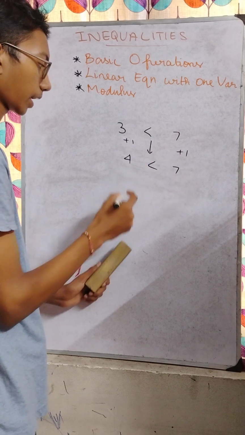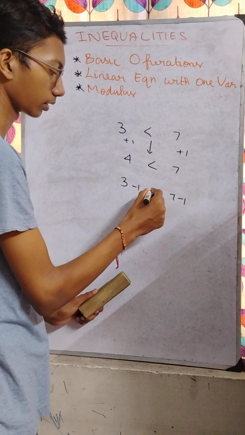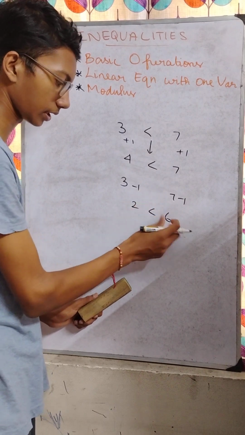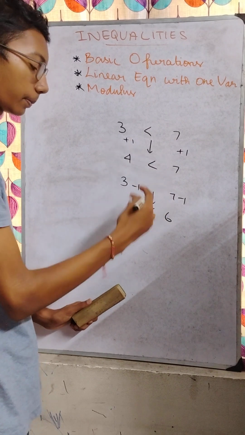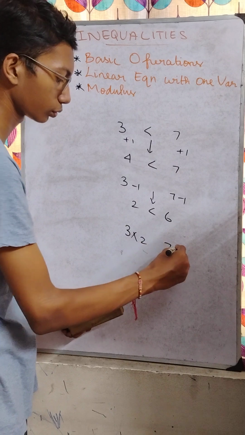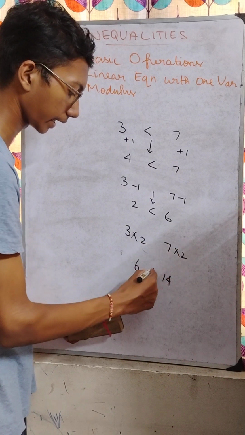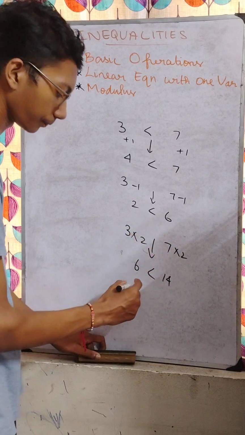Now we will do subtraction. 3 minus 1, 7 minus 1. Here we get 2 and 6. 2 is less than 6. Again, the inequality remains the same. Now we do multiplication. 3 and 7 multiplied by 2. We get 6 and 14. Again, 6 is less than 14. The inequality remains the same.